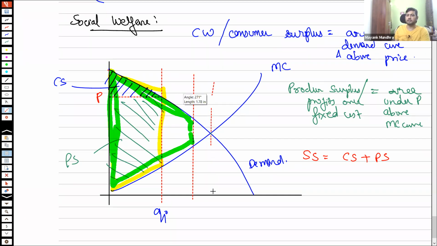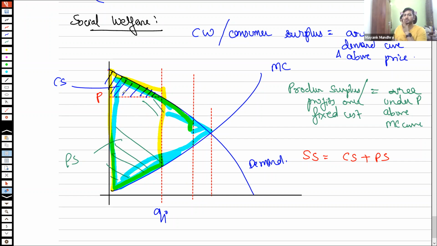And when you make it this much, the social welfare will become this entire area. Now, what happens when I go beyond this?